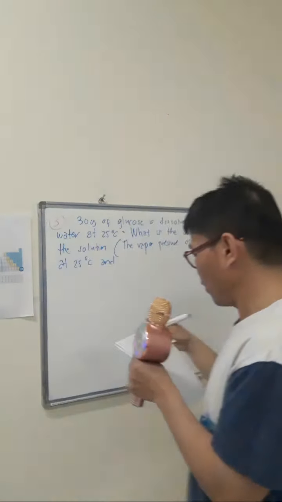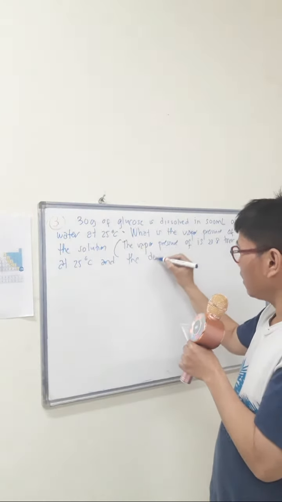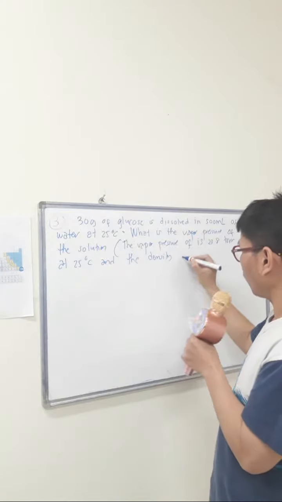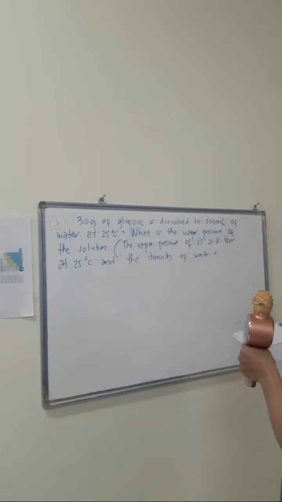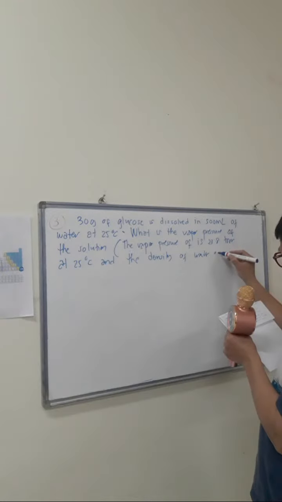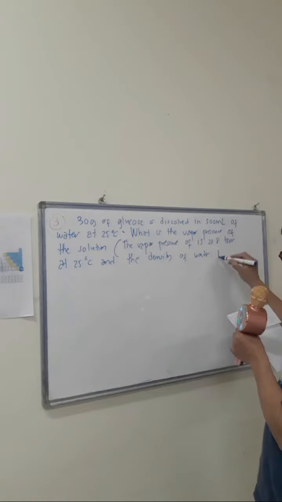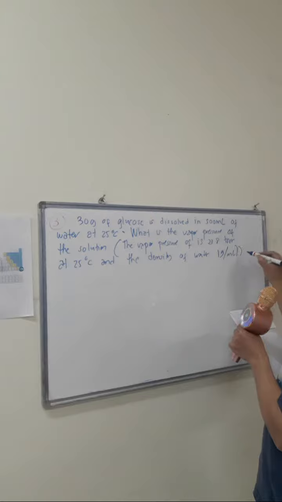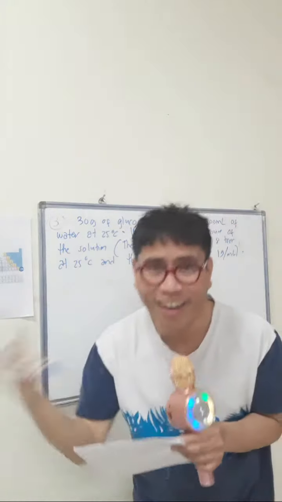And the density of water. I have to contest this one, I will fight this one. Maybe this is wrong, based on my memorization. 1 gram per ml. I found it inconsistent. Let's check. Sometimes I need to argue with the sample problems.